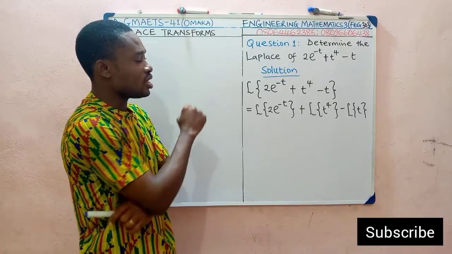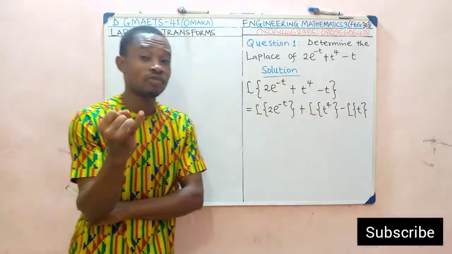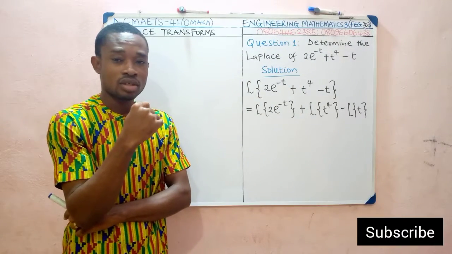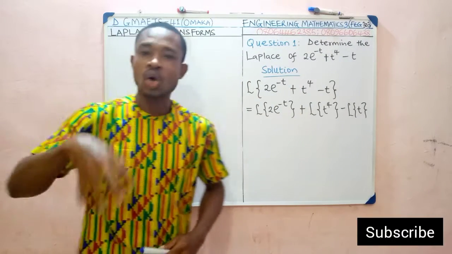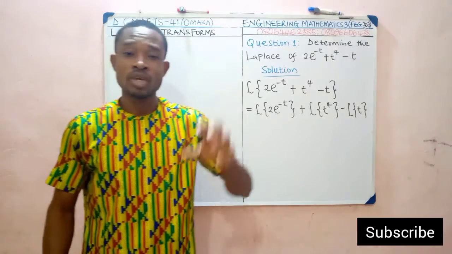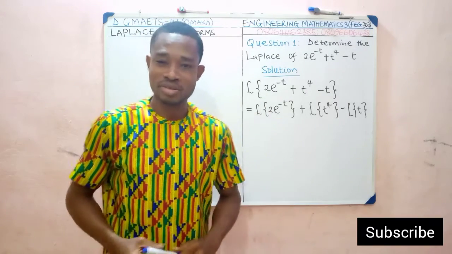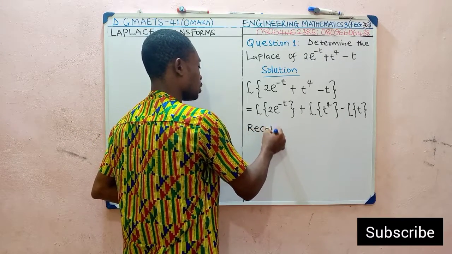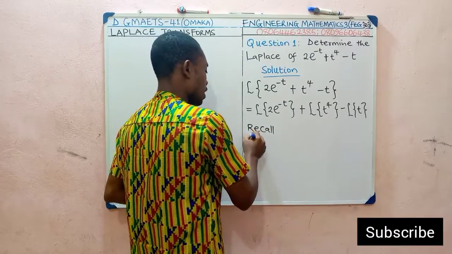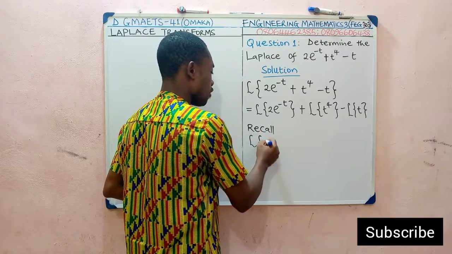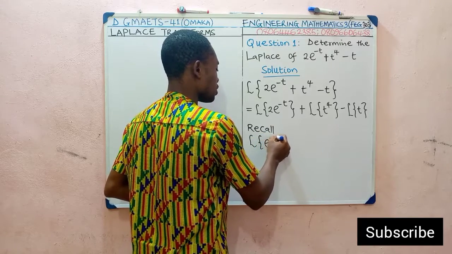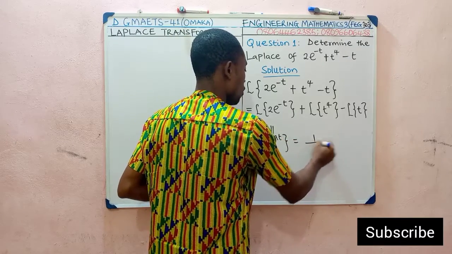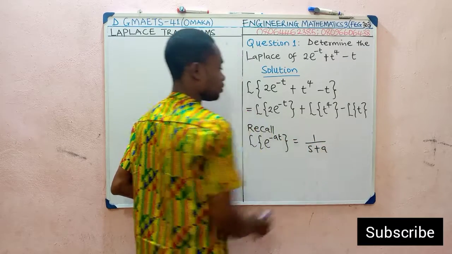Okay, now looking at these functions, we have exponential functions, we have t raised to the power n function. It means I have to recall the standard Laplace transform for these functions. Let's recall that and see. Recall the Laplace transform of exponential minus at is equal to 1 over s plus a.